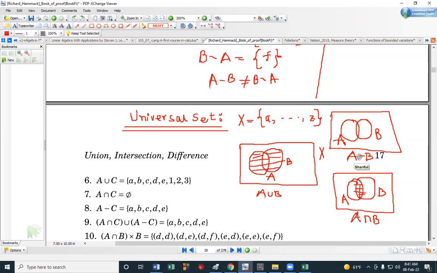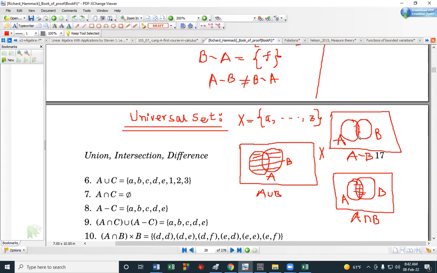By definition, it is the set of elements of A that are not elements of B. So tell me, which elements of A are elements of B? The elements in the common part, right?